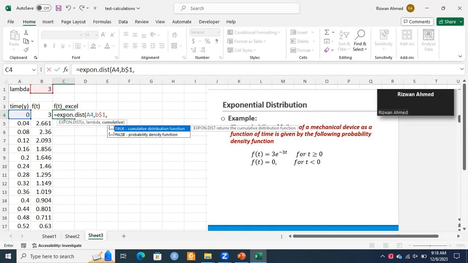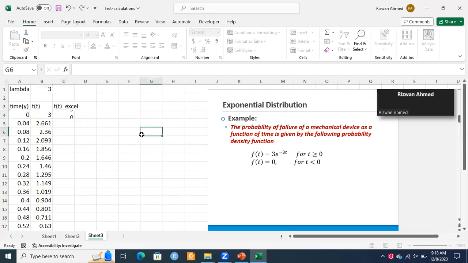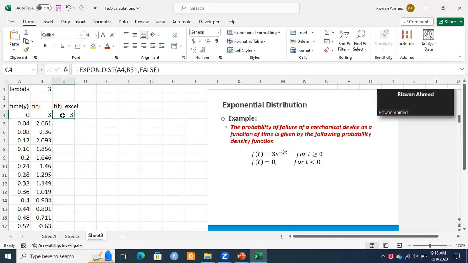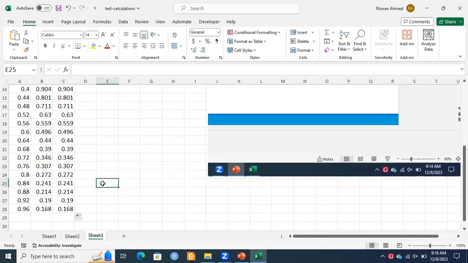So you can see the nomenclature. True for cumulative distribution and false for probability density function. So I'm looking here for the density function, so with the false, this will be fine. False. Okay. It means the calculations are correct. That's fine, right?